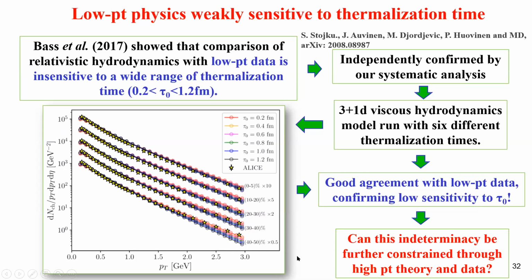And we see good agreement with low pT data, confirming this low sensitivity, which was already observed by a separate study. So then we ask a question: can this indeterminacy be further constrained through high pT theory and data?